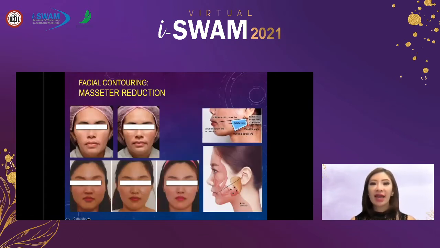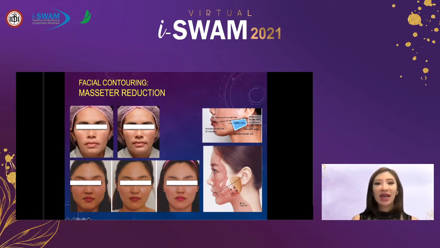So the first thing, I think this is the most popular for facial contouring using toxins, is Masseter Reduction. I know that this has become the trend since everyone wants a V shape on their face.